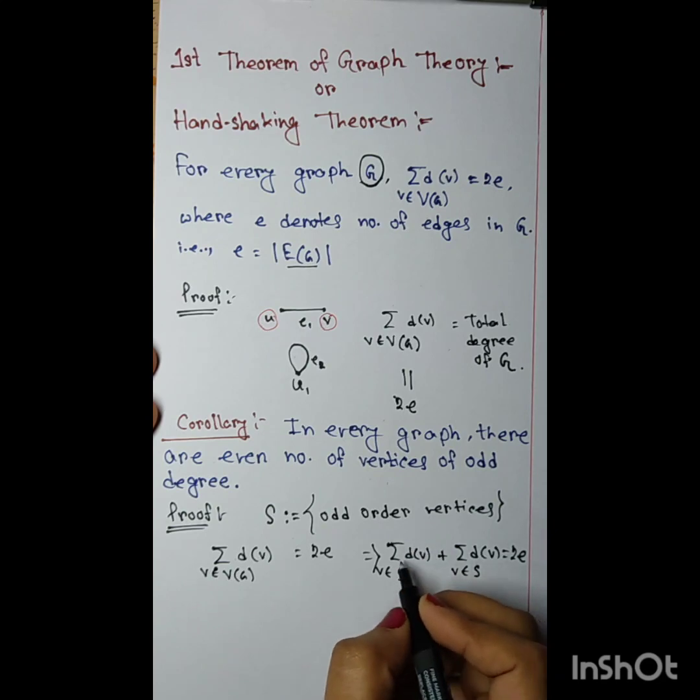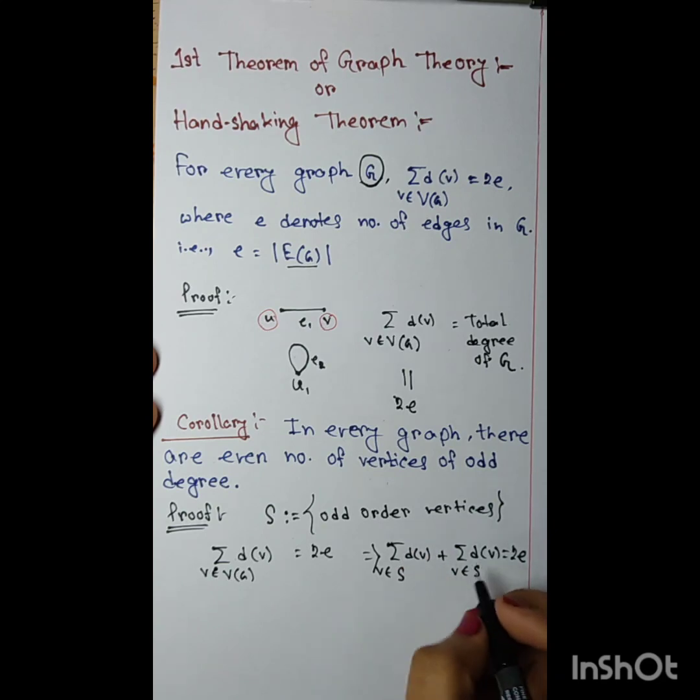If it is not in S, then its degree will be even. So this second term is even, because all of these degrees are even: when v is not in S, it is not of odd order, so it is of even order, and its degree is even. The sum of even numbers is always even, so it will be something like 2r, where r is any positive integer. So this is an even number.